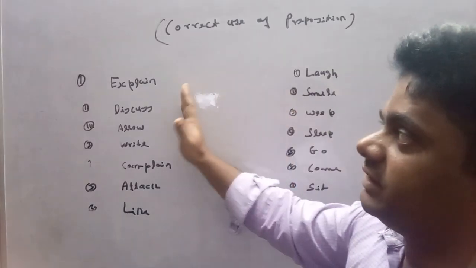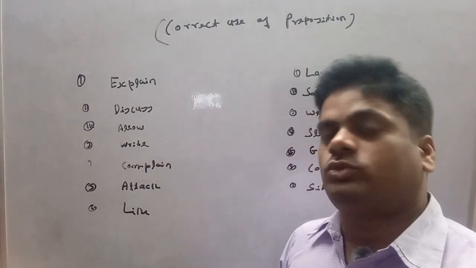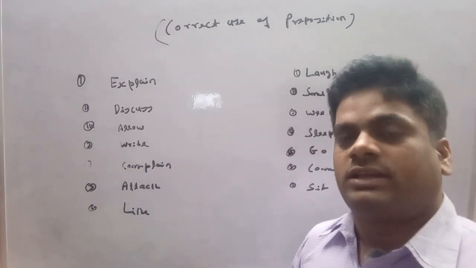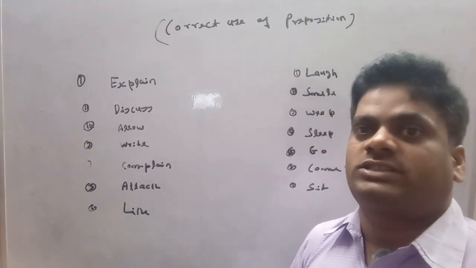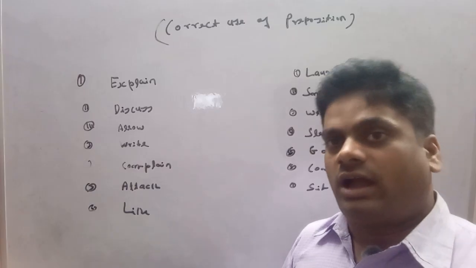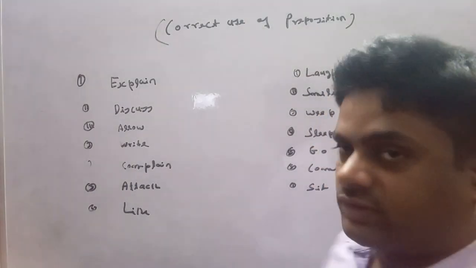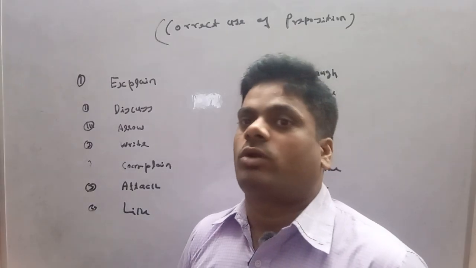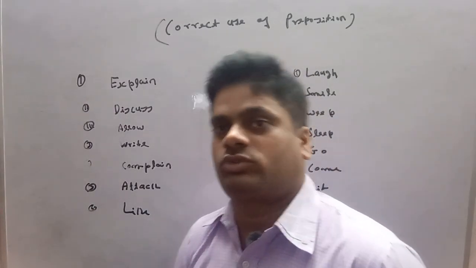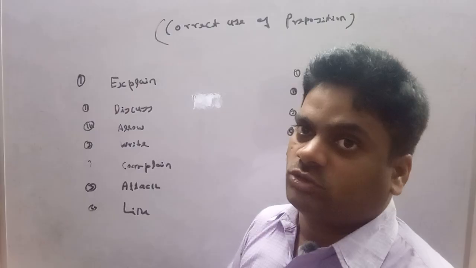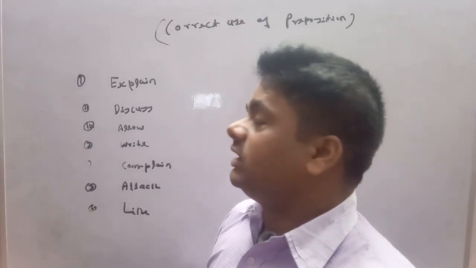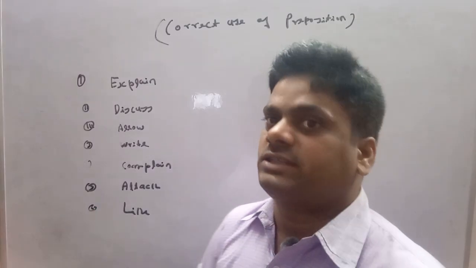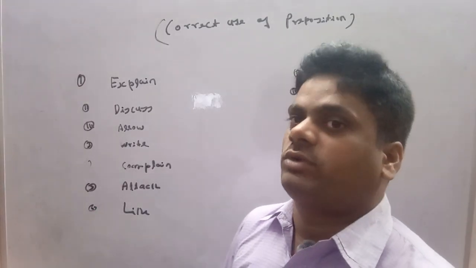Transitive verbs require only their object just after them. And after the object, if we want to associate any type of noun or pronoun in a sentence, then we can use a preposition just in order to associate the object of a verb to another part of a sentence or to a noun or a pronoun in a sentence.